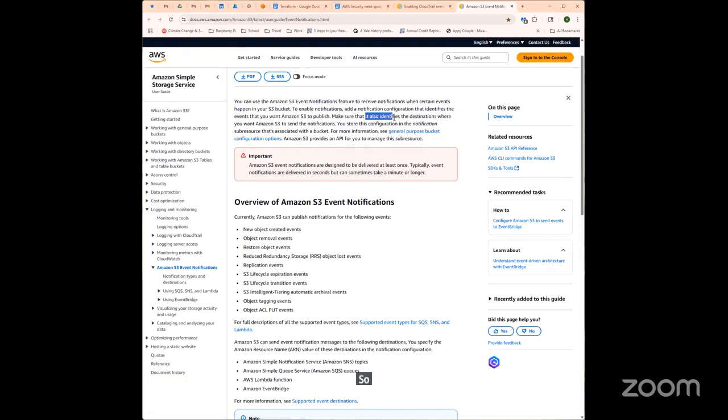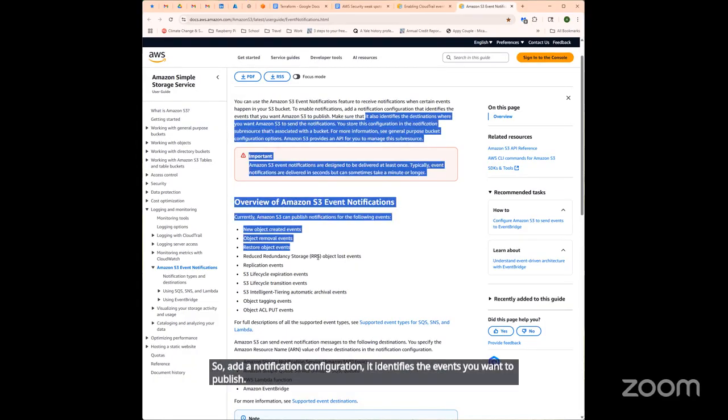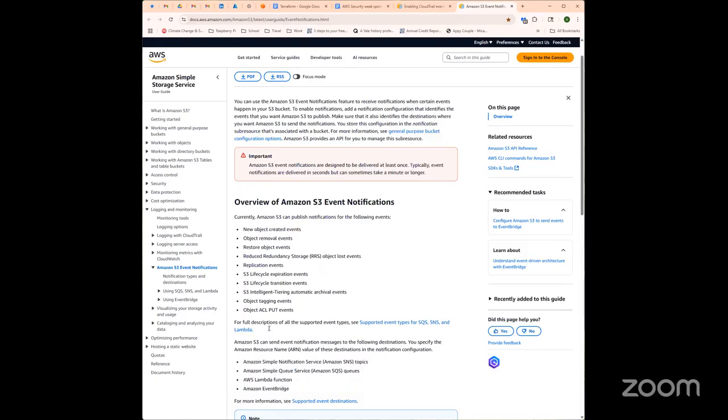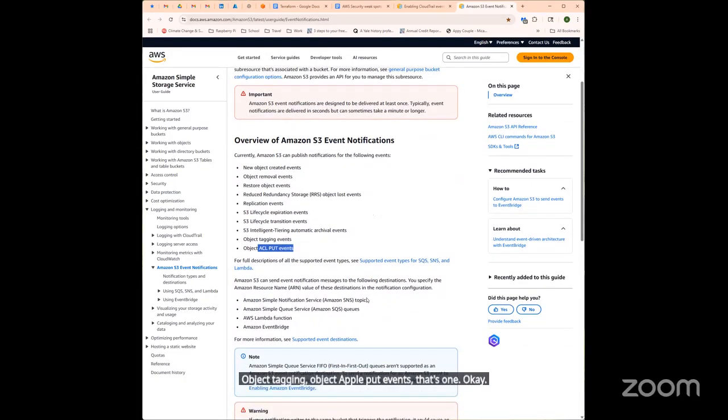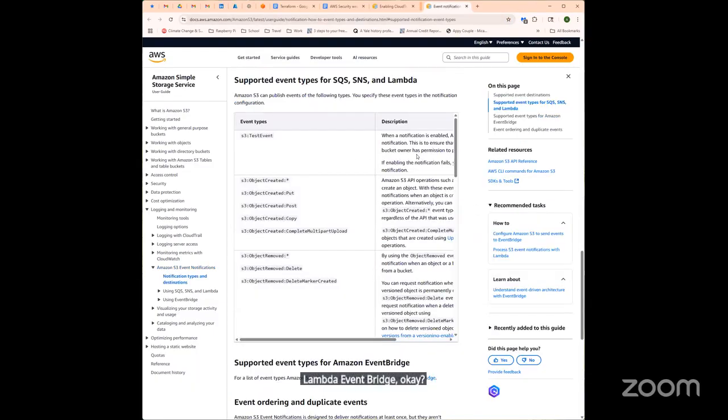Add a notification configuration that identifies the events you want to publish. Object tagging, object ACL put events, that's one. And supported event types, this might have it. And you can see here what's supported: SNS, Lambda, EventBridge, okay? So it ties more of it together. And then object removed.